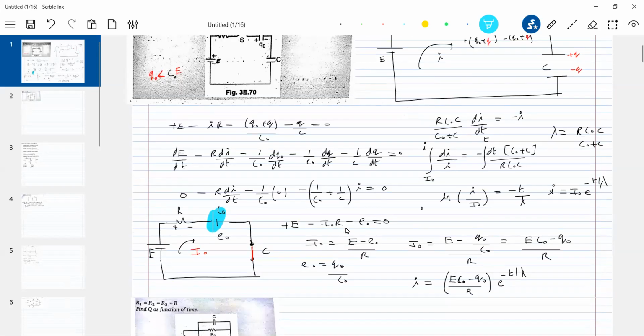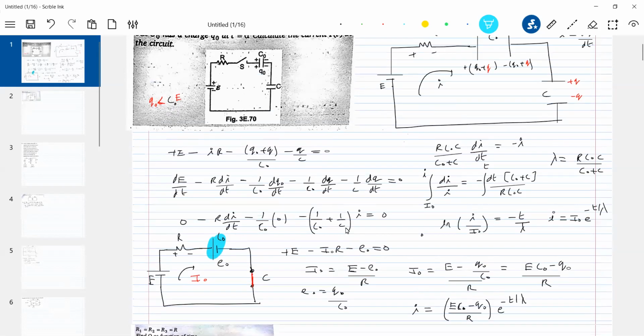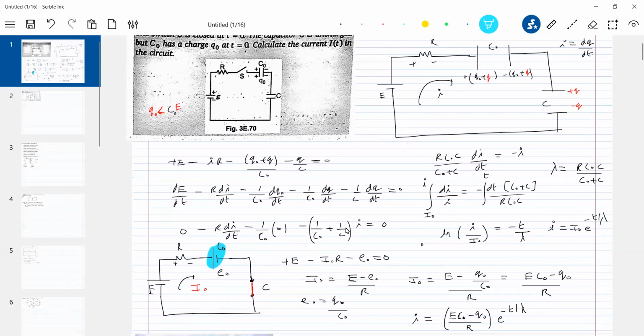Now, I think the total description, what we had, is this one. Sir, by C naught? Which one, by C naught? Ah, here, one C naught will be there, no?